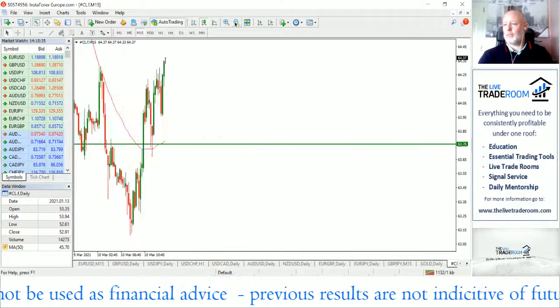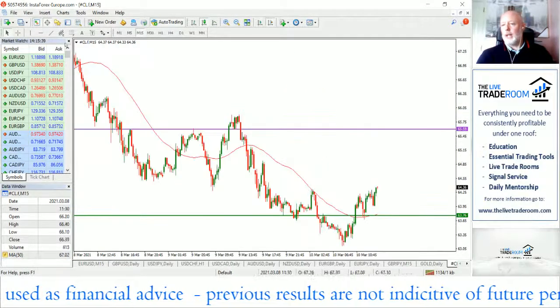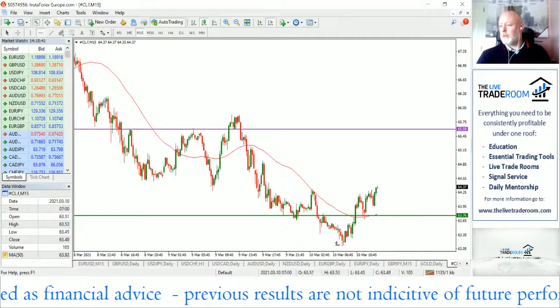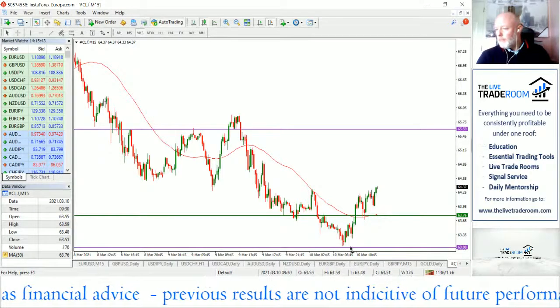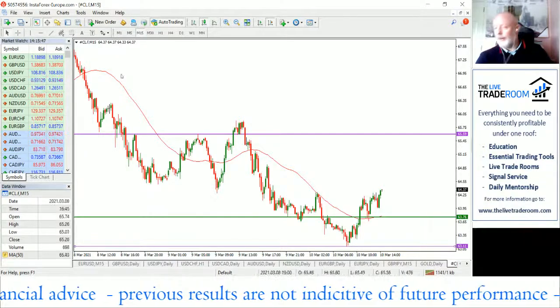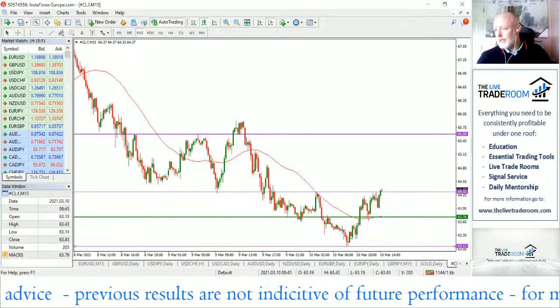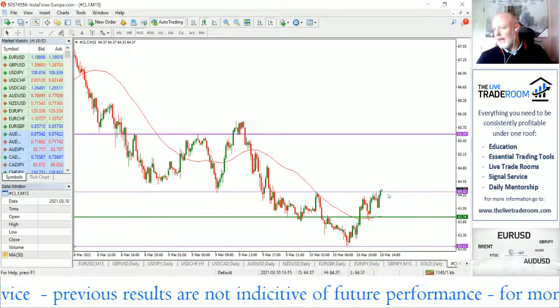So we can go into the smaller time frames. We can just take note of swing lows down here at the 63.11. So we've created a very significant low, and we'll take a look at this little handle in here.